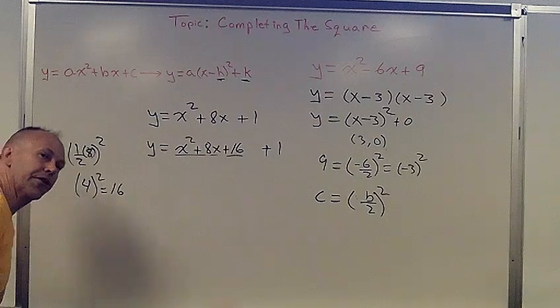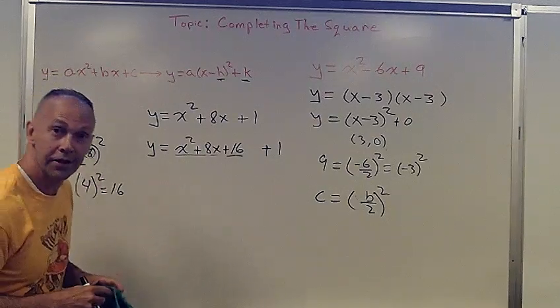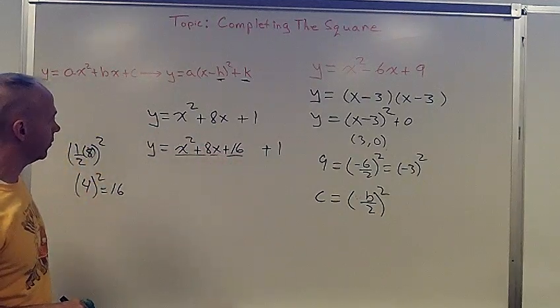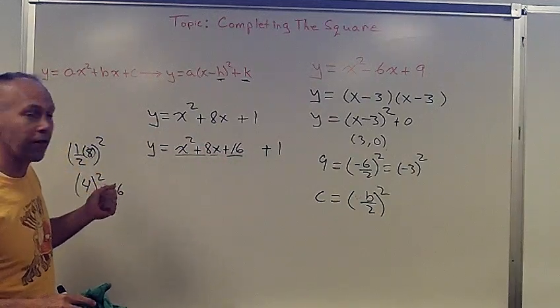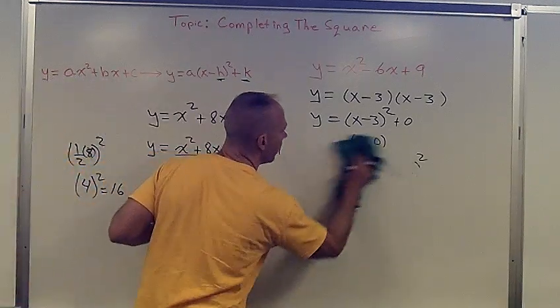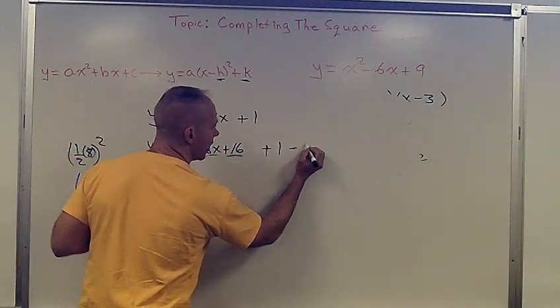And I know what you're thinking here is, Mr. Clark, that's illegal. I can't just add a number to this equation because that makes it unbalanced. Well, to keep my equation balanced, to keep it true, out here I'm going to subtract 16.